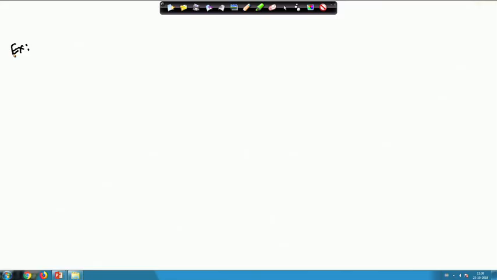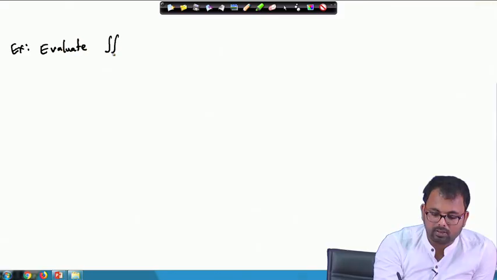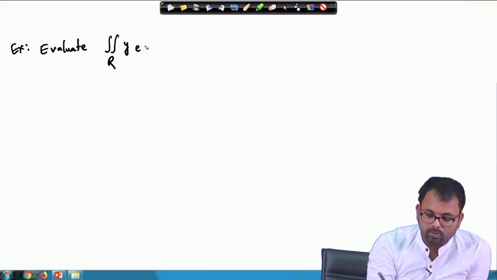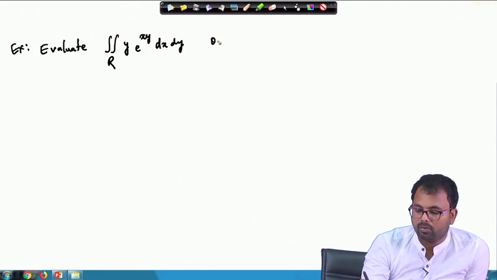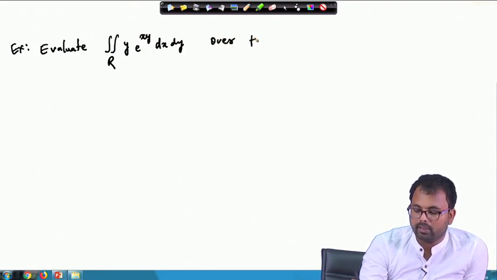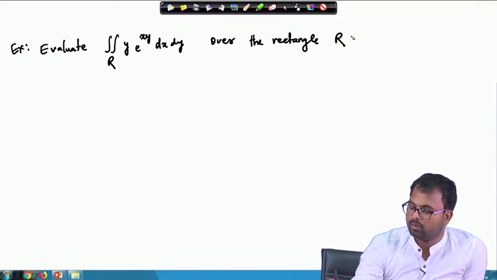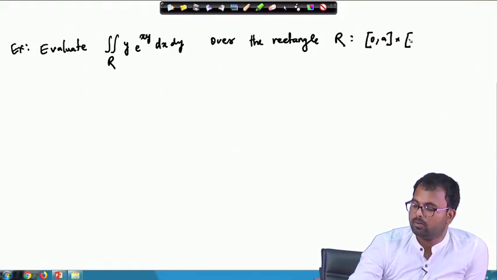All right. So, now let us consider another example, which is a little bit difficult, but not too difficult actually. So, evaluate the integral over the rectangle R of y e to the power xy dx dy, over the rectangle R as 0 to a and then 0 to b.